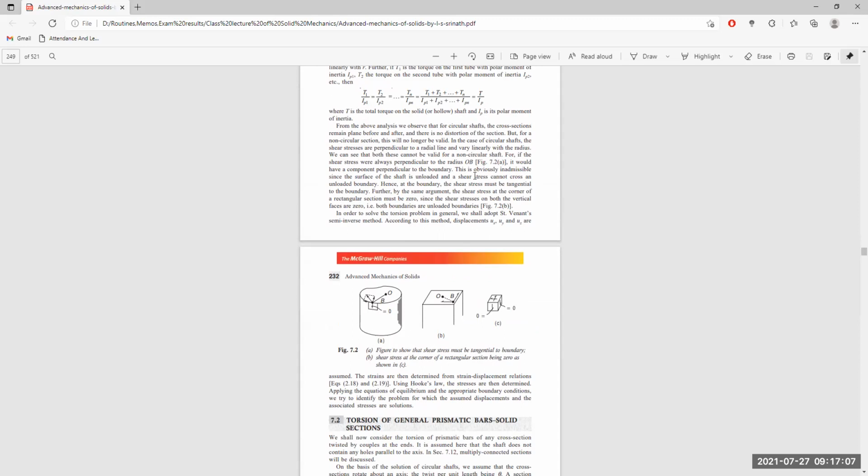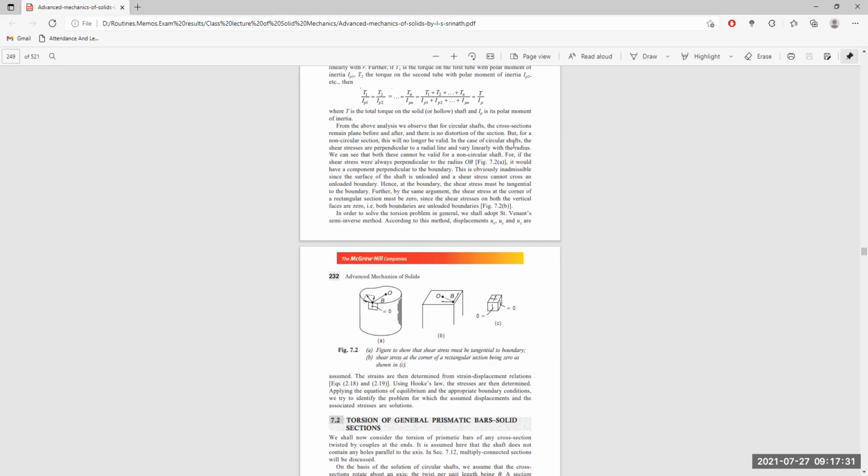So we can safely say the shear stresses are perpendicular to a radial line. Our conception initially was that the cross section is perfectly flat, with no distortion or irregularity or variation over the surface of the cross section itself.